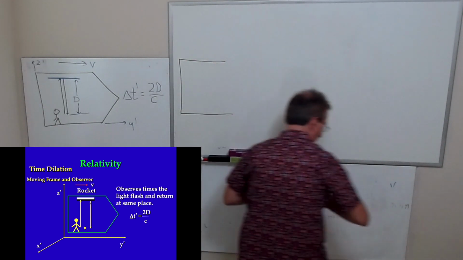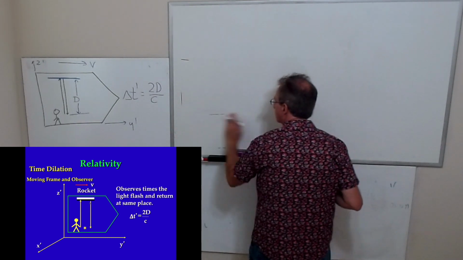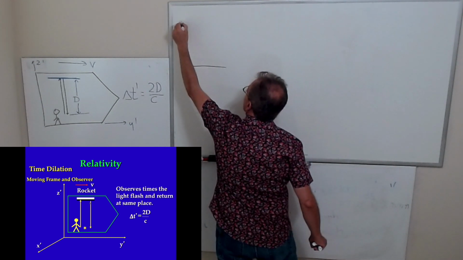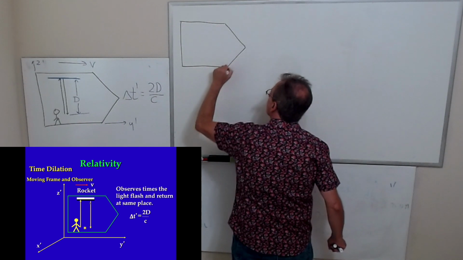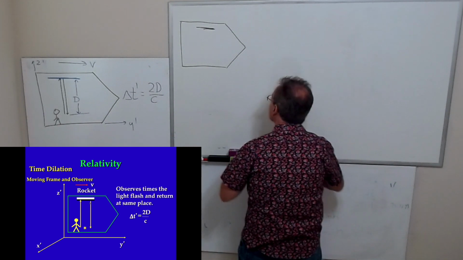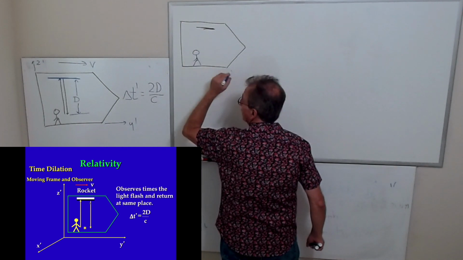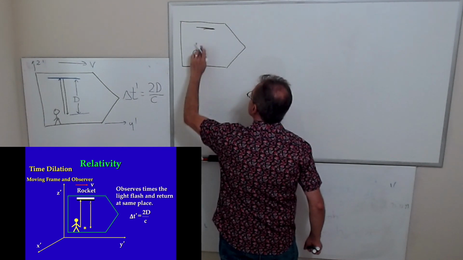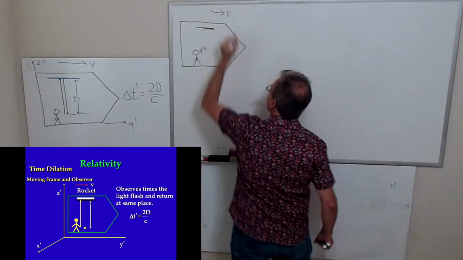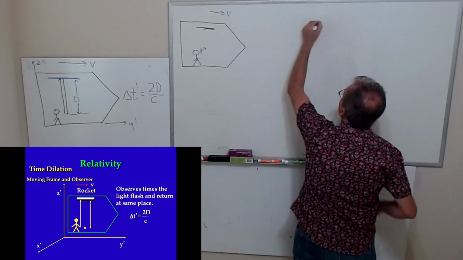I've got to draw that higher. I need some more space. So here's the mirror. So here's the beam going. Actually, it's going to go like this. Then over here, this is what we see.